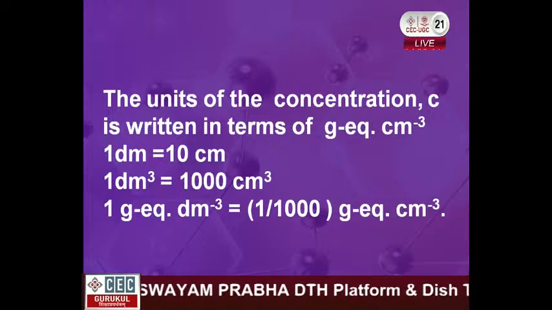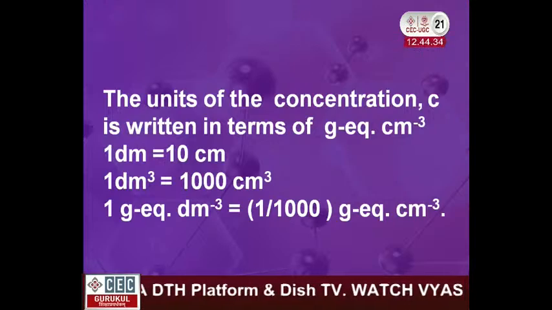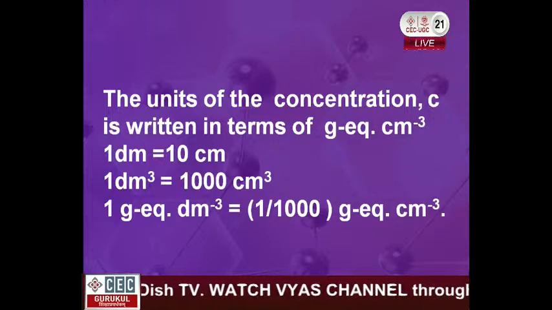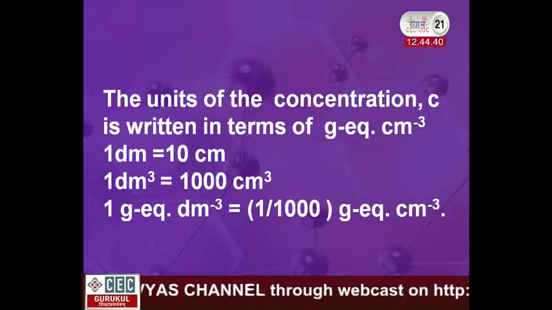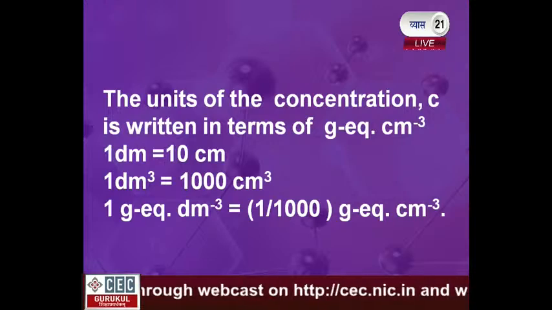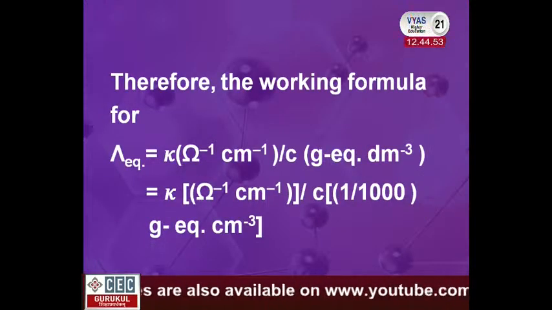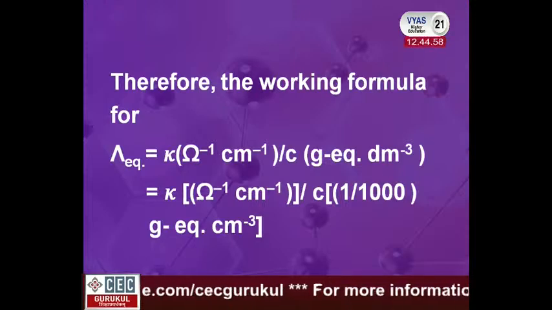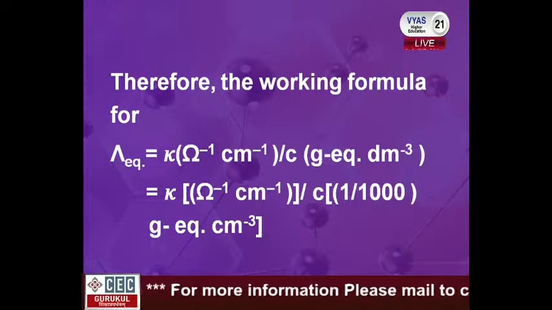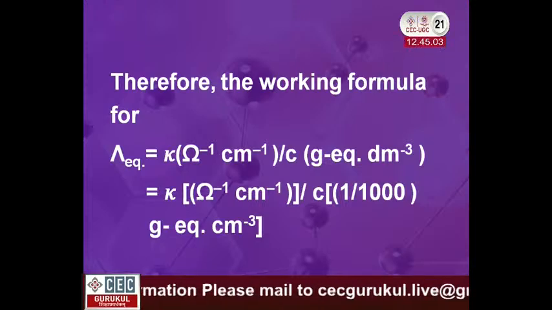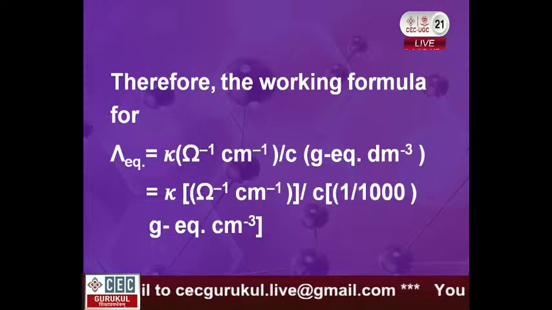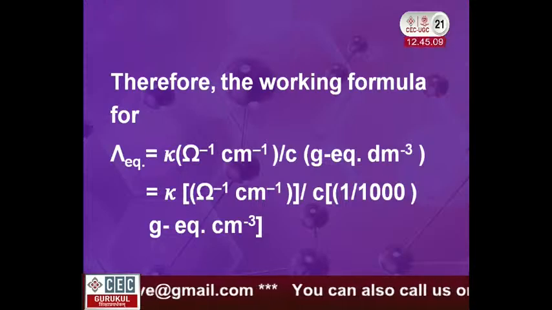So, when we convert decimeter cube to centimeter cube, we need to divide by the factor of 1000. 1 gram equivalent decimeter cube will be equal to 1 by 1000 gram equivalent centimeter cube, so that we can get a working formula for lambda equivalent as lambda equivalent is equal to kappa in brackets ohm inverse centimeter inverse divided by C gram equivalent decimeter cube.